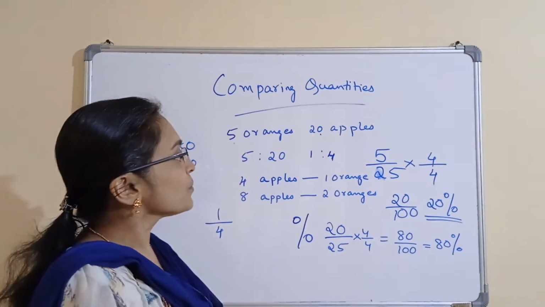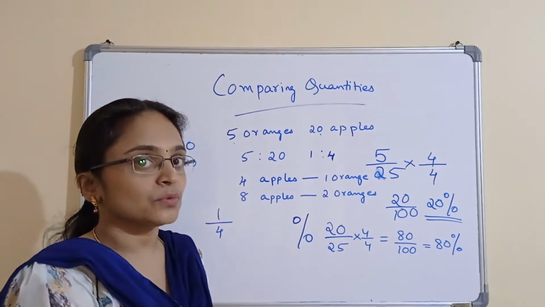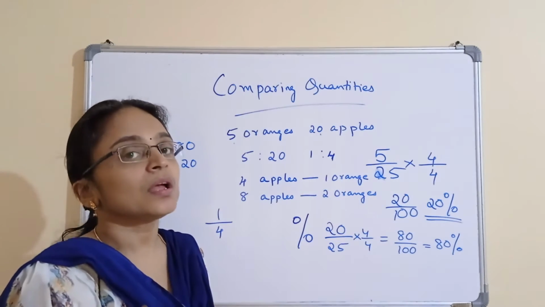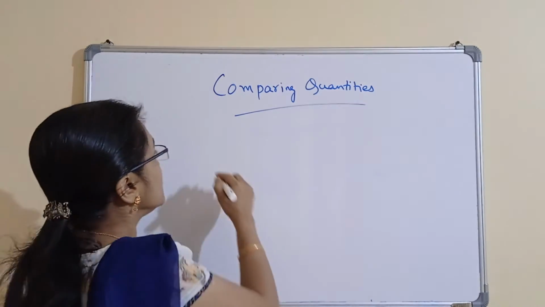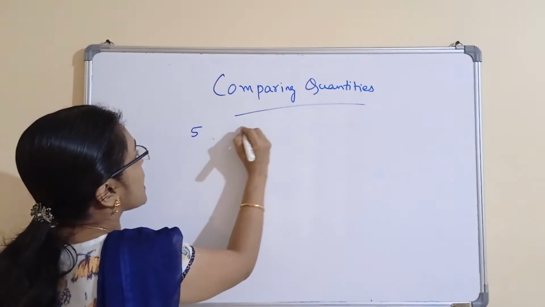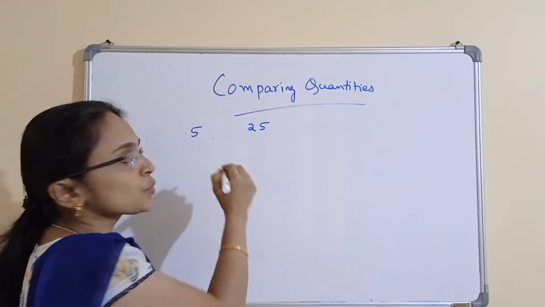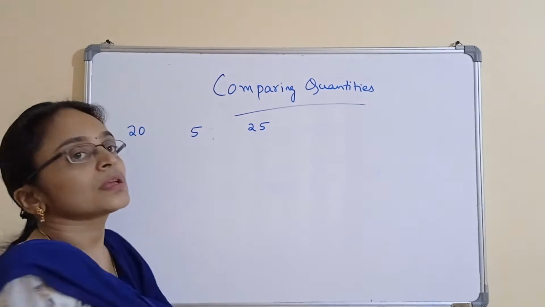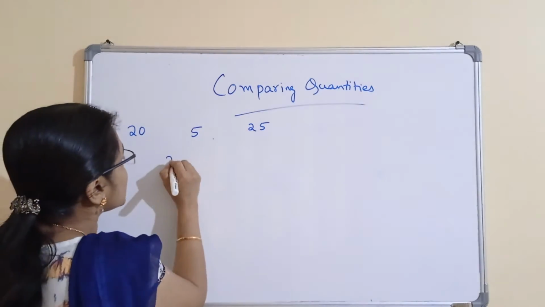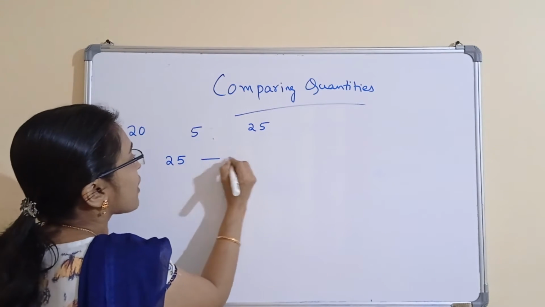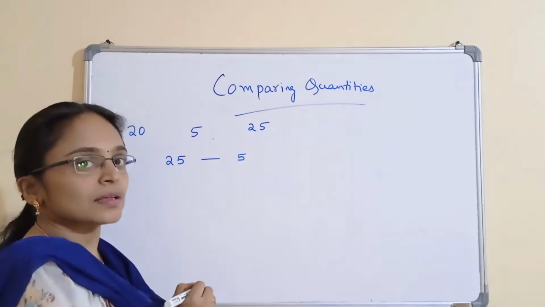Now, we'll do it by one other method, which is called the Unitary Method. We'll see how to do that. We'll consider the same example. There are 5 oranges and 20 apples, so 25 fruits are there. To find the percentage of oranges, if there are 25 fruits, 5 are oranges. Right?